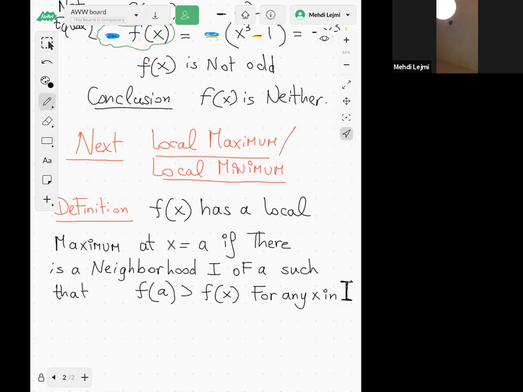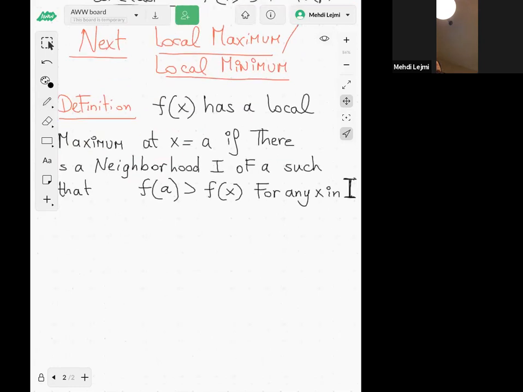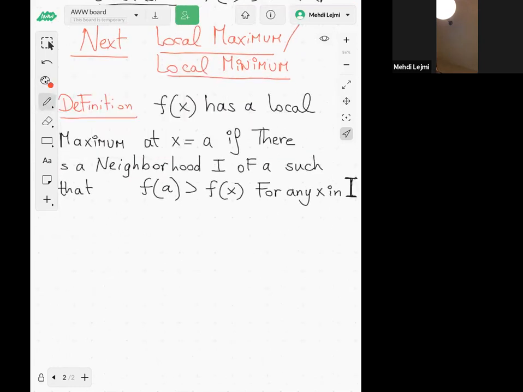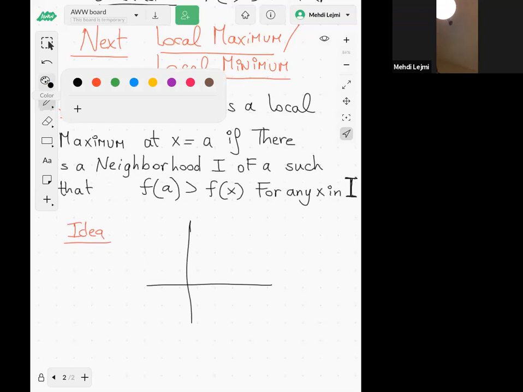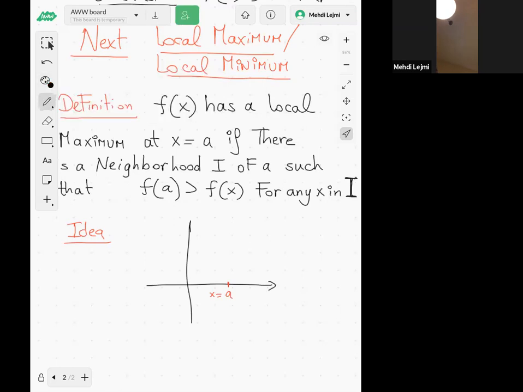So the idea is, let's say you have a somewhere here. This is your a, x equal to a. This is your x-axis. And what I'm saying here, guys, is that you have the graph of your function f.